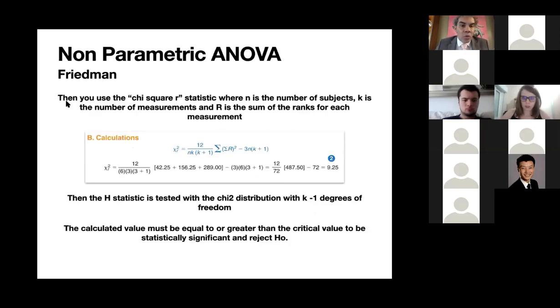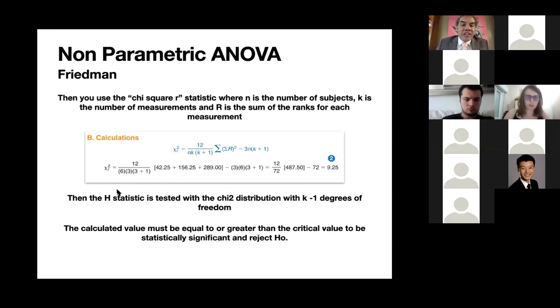When you use the chi-square statistic, small n is the number of subjects, 6 subjects. K is the number of measurements, which will be 3 measurements. And R is the sum of the ranks for each measurement. Here you put the sum of the ranks. You fill in the blanks, then you have your chi-square R statistic, which is 9.25, okay?